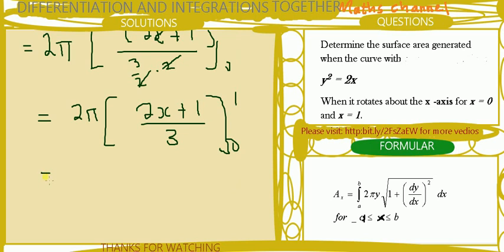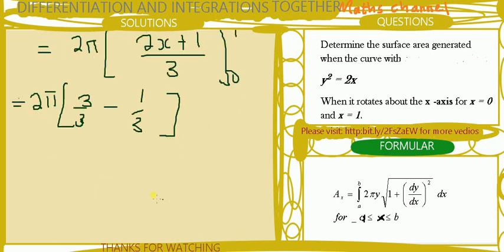Then we'll put everything inside the equation, manipulating the equation. Putting 1 here, we have 2 plus 1 is 3, so we have 3 over 3, and then substituting 0 on the other side, we have 1 over 3, 3 over 3, the common factor is the same, so we'll have 2 pi.